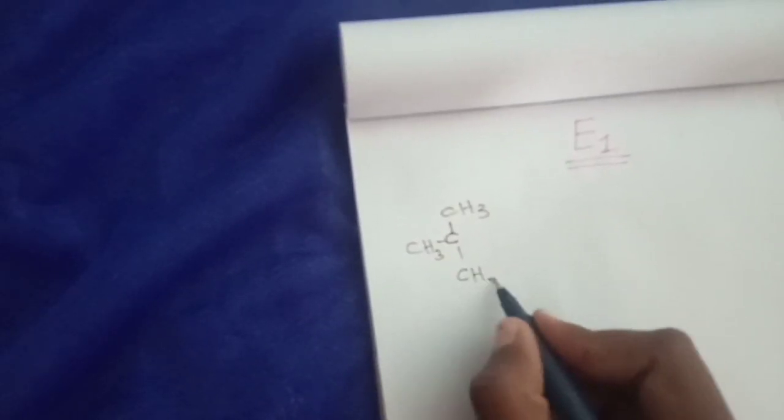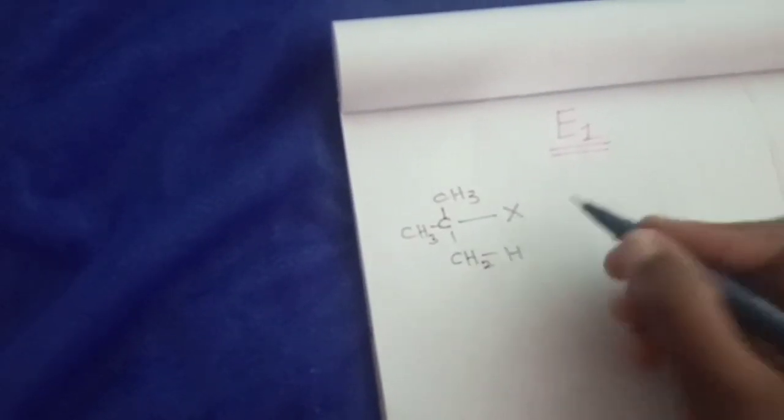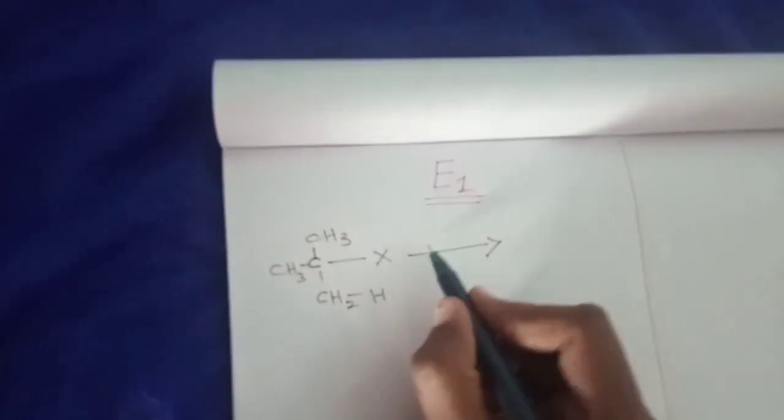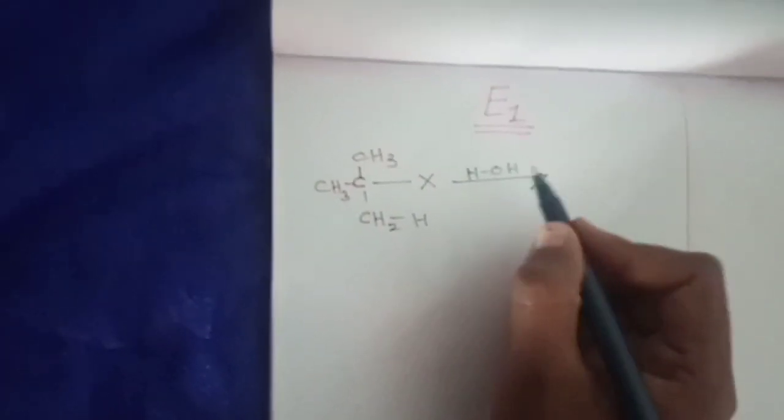Suppose we take a tertiary alkyl halide. Here CH3 is written as CH2H for our convenience. Here our halogen atom is there. The base is water, we can write water as HOH.